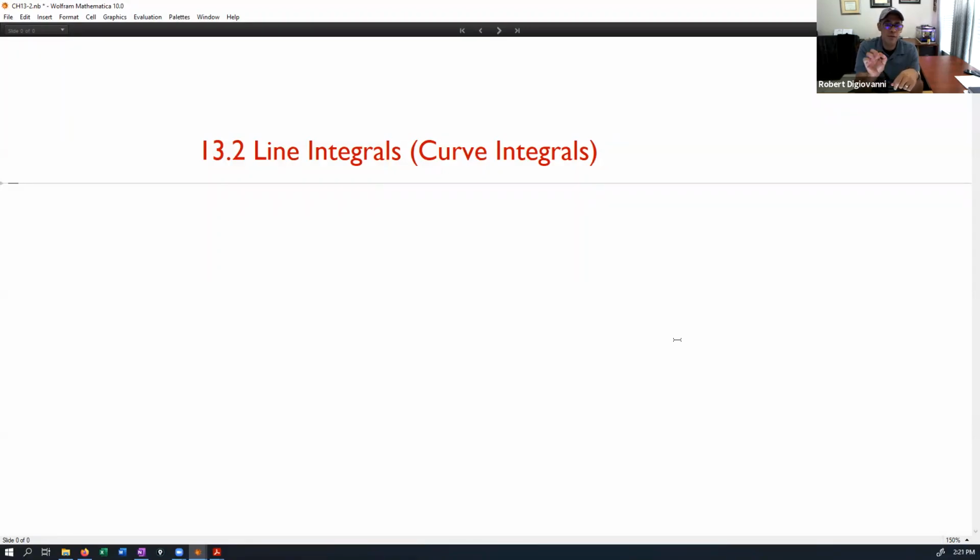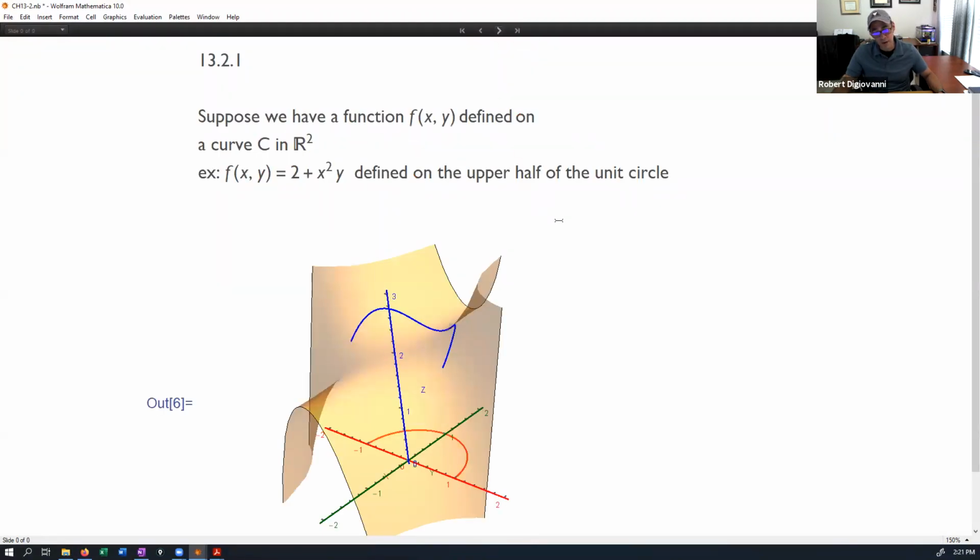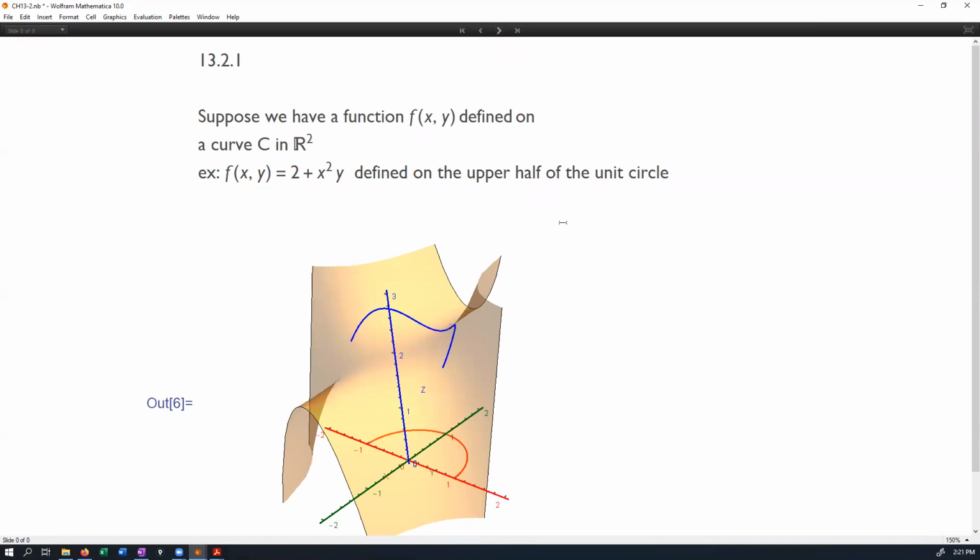And so if you're moving a particle along, then at every point you have a force from the gravitational field, and then you have some displacement that you're moving. And so we want to add those all up as you move through the path. And to add them all up requires an integral. So that's kind of what we're trying to do, at least in this section, we're going to get to that point. But to get there, we first have to start with the basics. So we have to be able to do these things called line integrals.